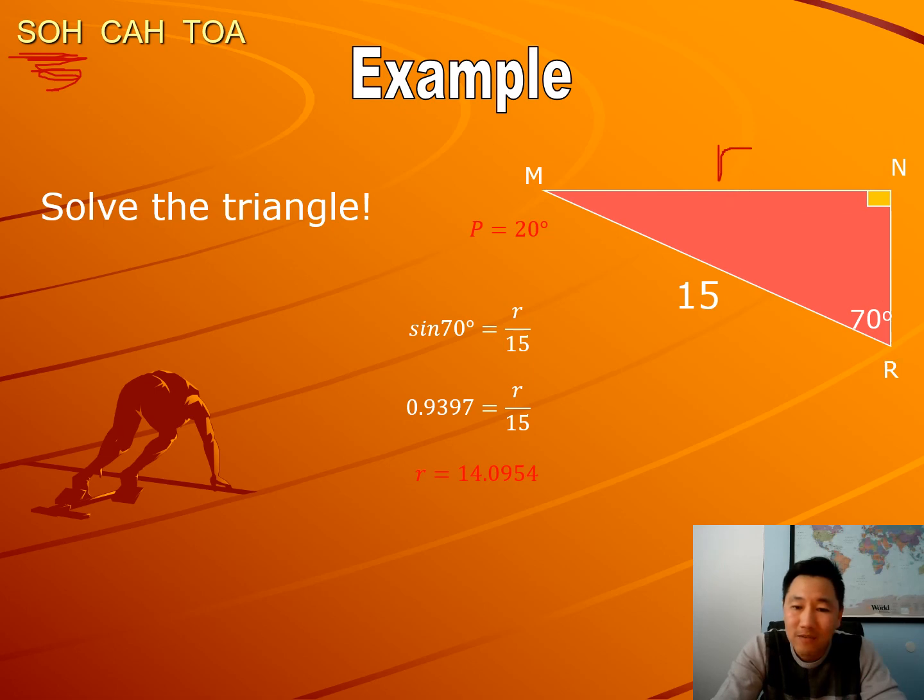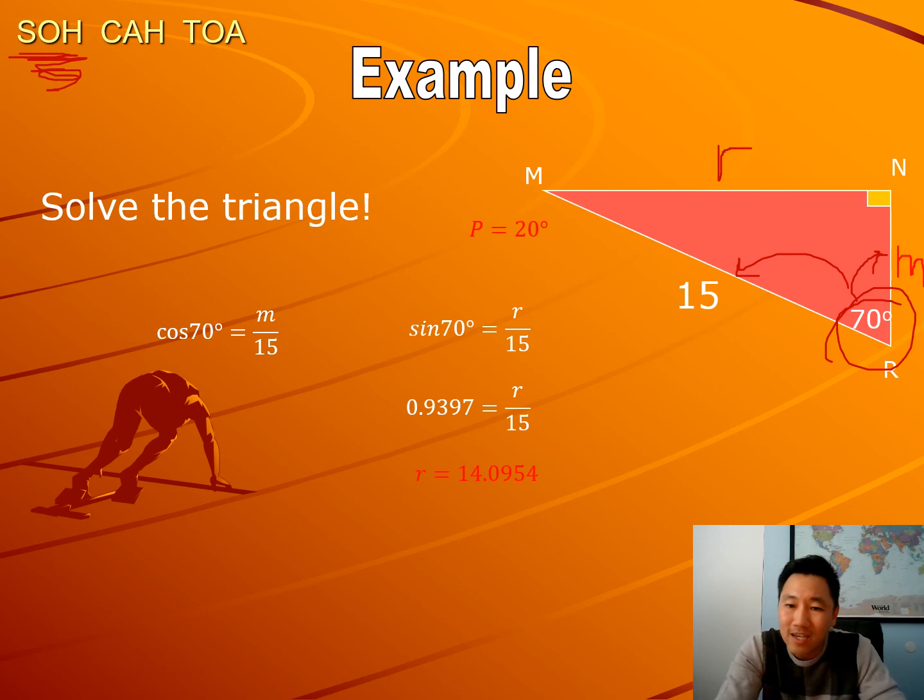Well, let's go ahead and find this side over here. And guess what? We're going to call it M. Just because it's directly across from this big M. All right. Let's go ahead and set it up. How does the 70 degrees relate to the M and the 15?